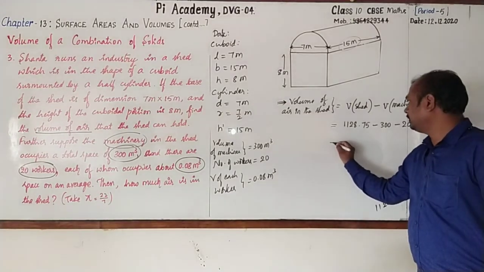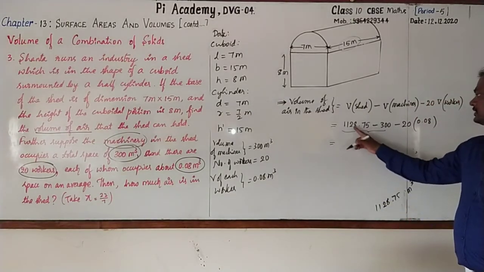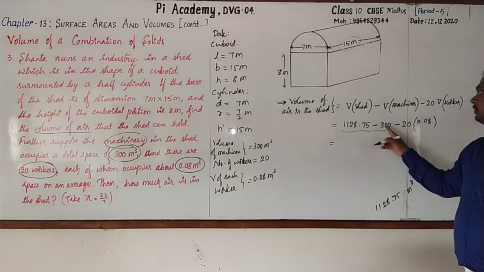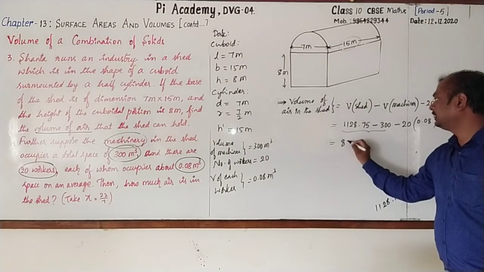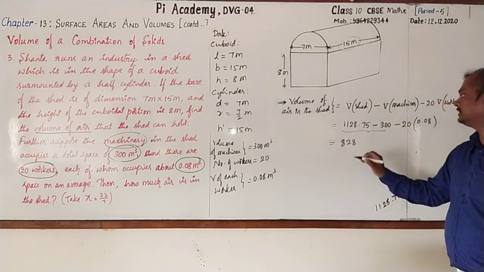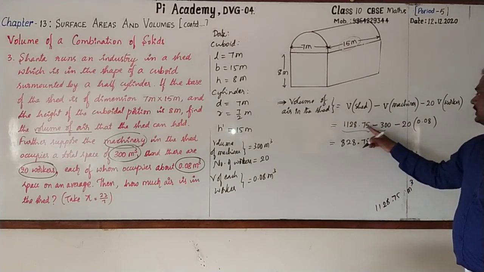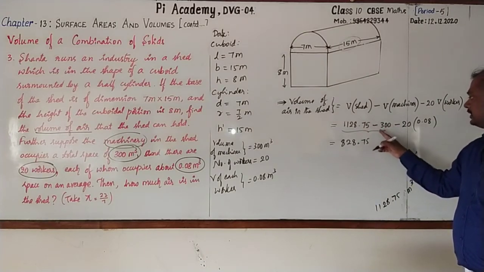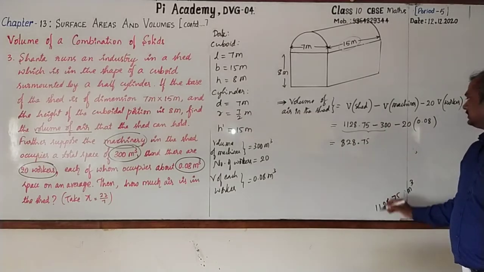It's equal to, now just go for finding the difference. 1128 minus 300, it will be 828.75, right? See the 75 as it is, 8 minus 0, 8, 2 minus 0, 2, 11 minus 3, 8.